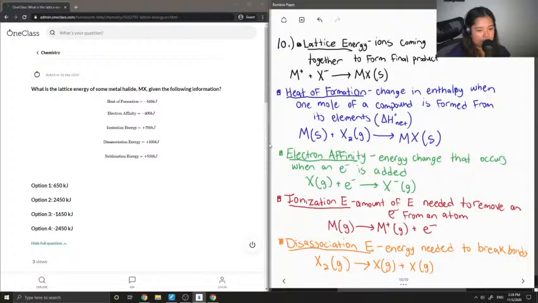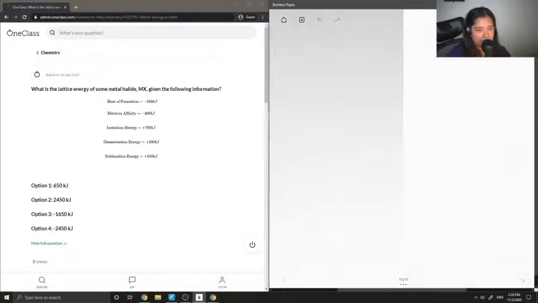Okay, so I'm just going to start a new page to write down the definition of sublimation. Sublimation sounds complicated, but it's actually pretty easy.